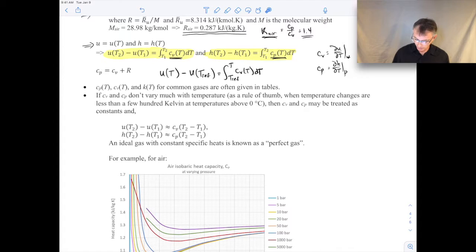So, for example, if we wanted to find the difference between the specific internal energy at T1 and T2, let me make some more space for myself. Let's say I rewrote that over here. I'm just going to write this whole thing out.